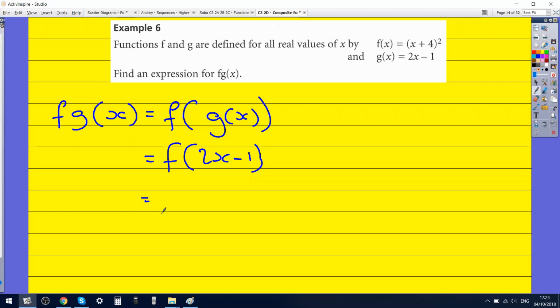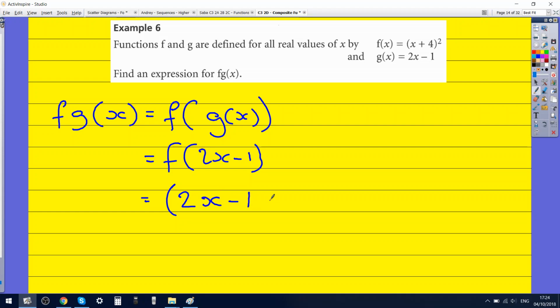And what would you get? 16x squared minus 16? So you're way ahead of me. What would be the first step? Put 2x minus 1 into x.